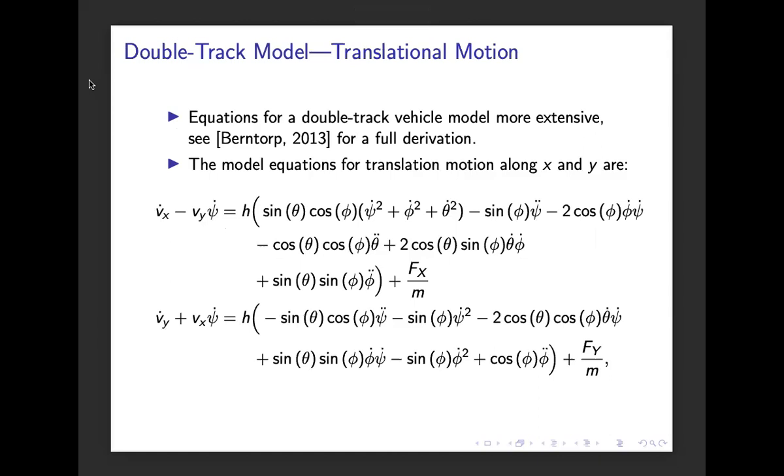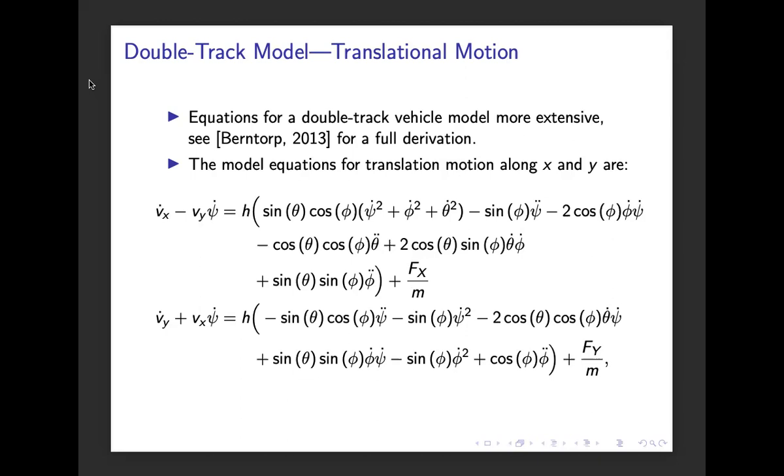The equations for a double track vehicle model are more extensive. I just included them here to give an impression of what kind of relations they contain. If you do vehicle simulations in Modelica, you will find these kinds of models under the hood, because it is based on relations between the forces and the derivatives of the states.